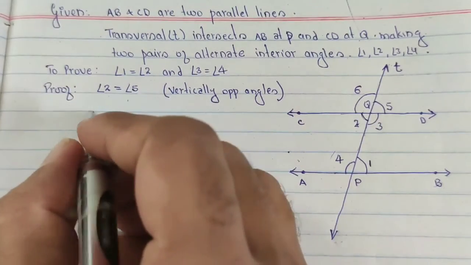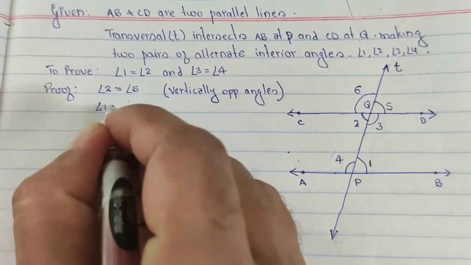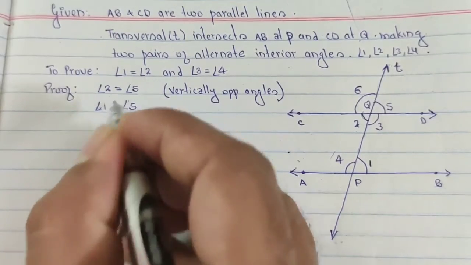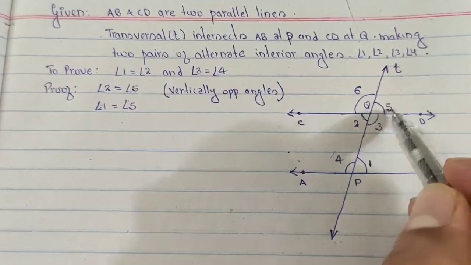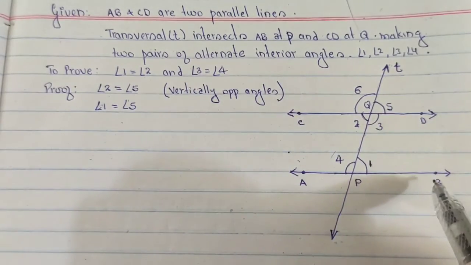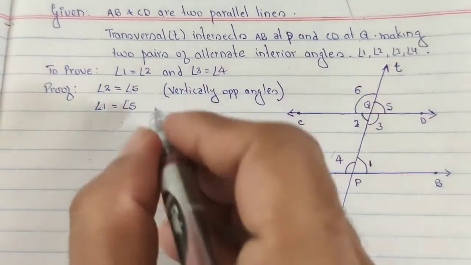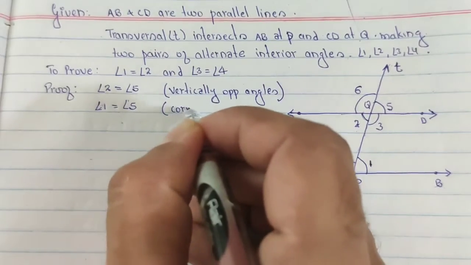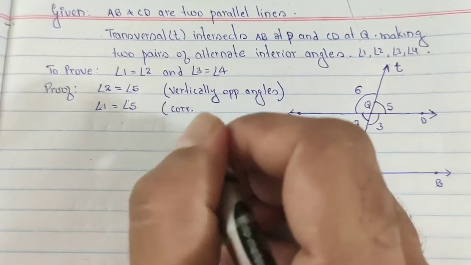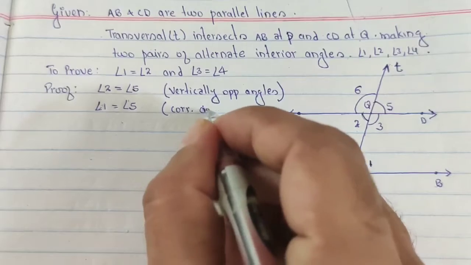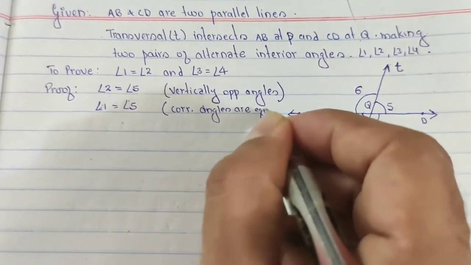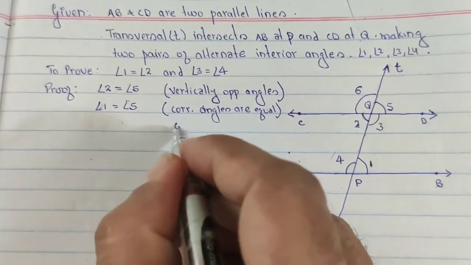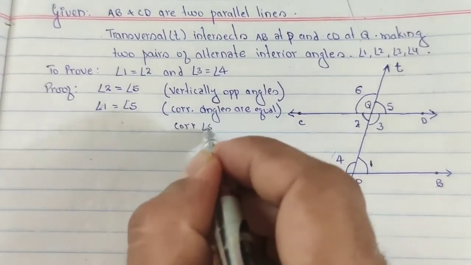And we know that angle 1 is equal to angle 5. Why? Because it is given that two parallel lines are there and this is intersecting, then these corresponding angles are equal. Or you can write corresponding angles axiom.